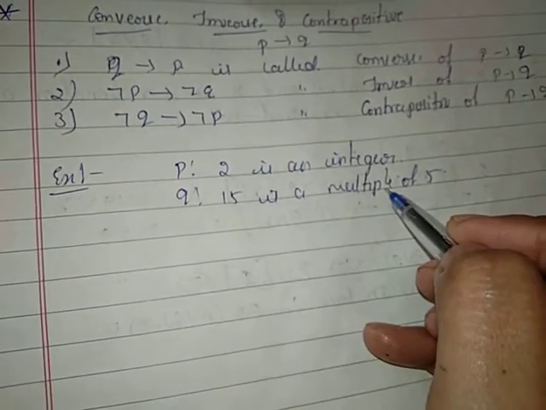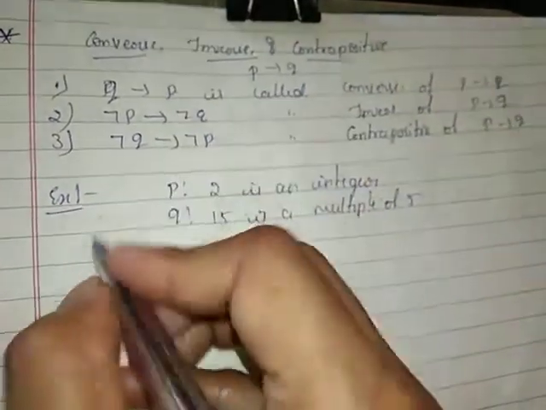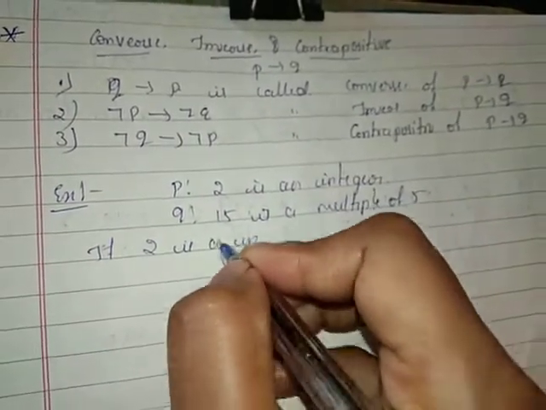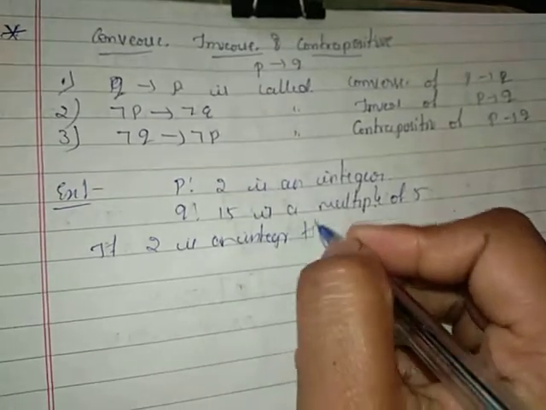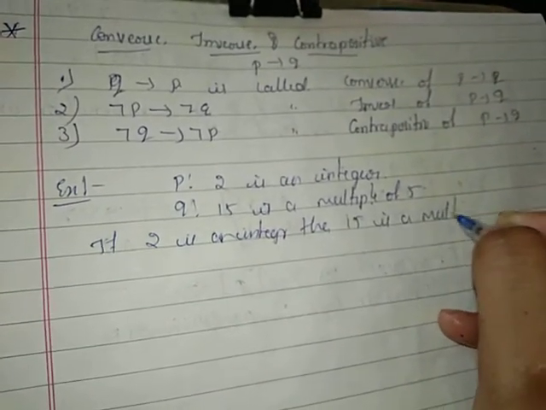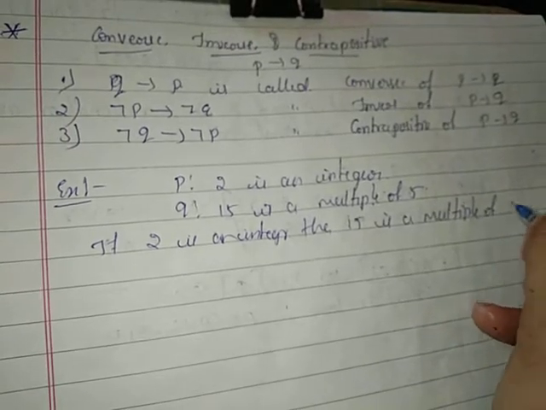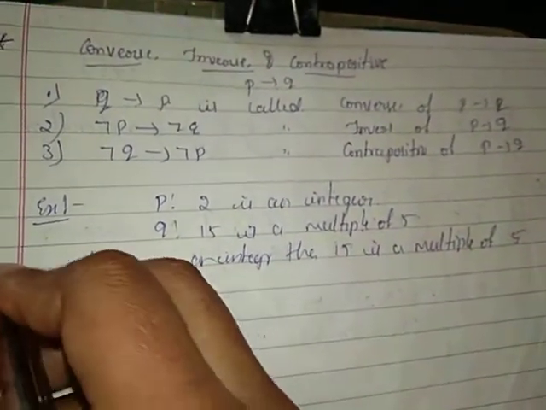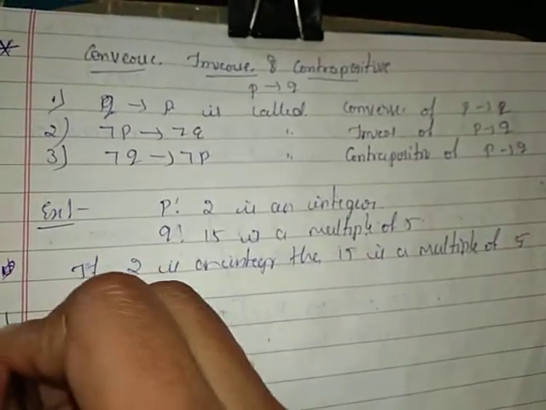Suppose P and Q are the propositions. Write down the first conditional, that is, if 2 is an integer, then 15 is a multiple of 5. That is your given condition.